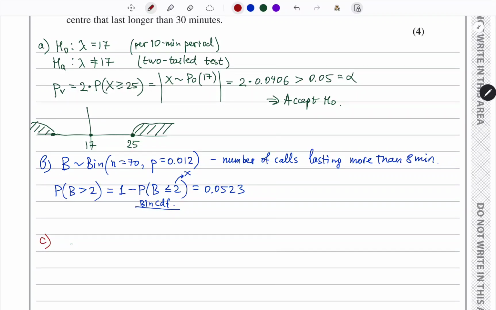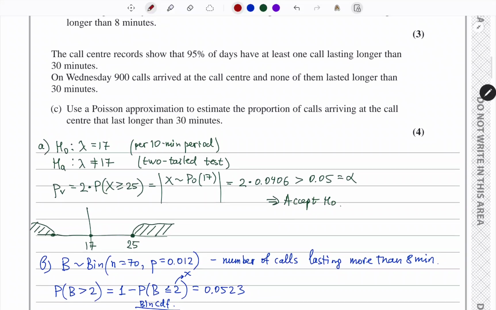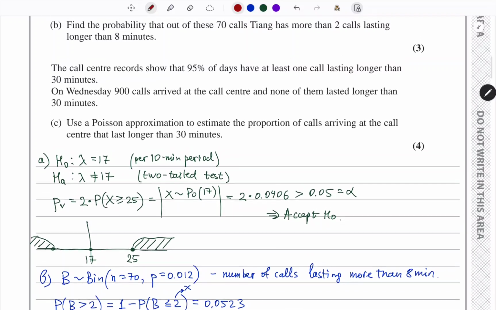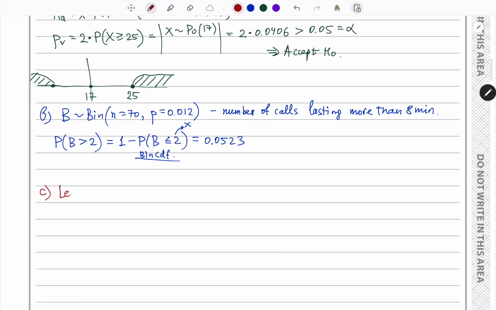Okay, so we know that the probability that there is at least one call lasting longer than 30 minutes is 0.95. So let P be the probability that one randomly chosen call lasts longer than 30 minutes.